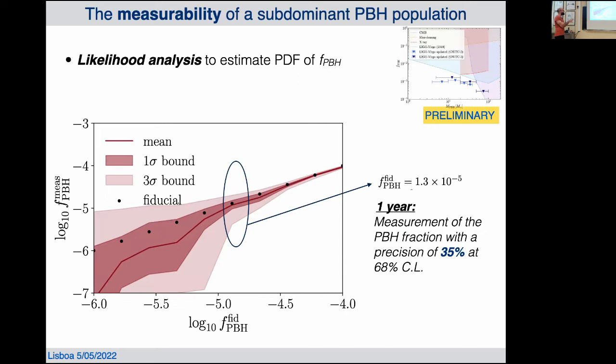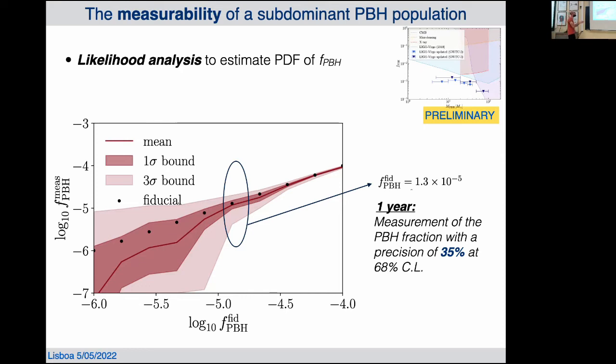And on the y-axis, every vertical slice is your posterior, showing how well you can measure FPBH, and you have the reconstructed value from the likelihood analysis. So you see that for values of FPBH larger than 10 to the minus 5, you can have a very good measurability.